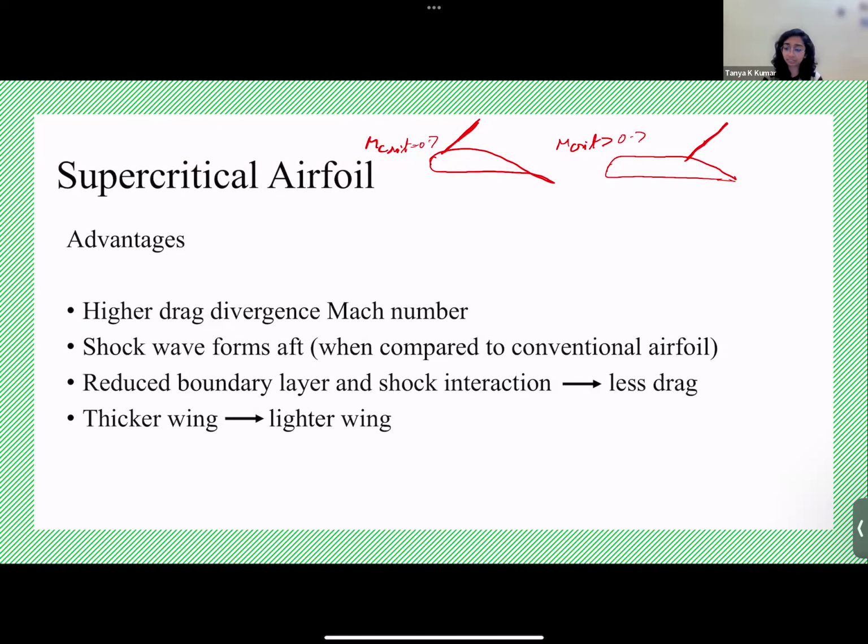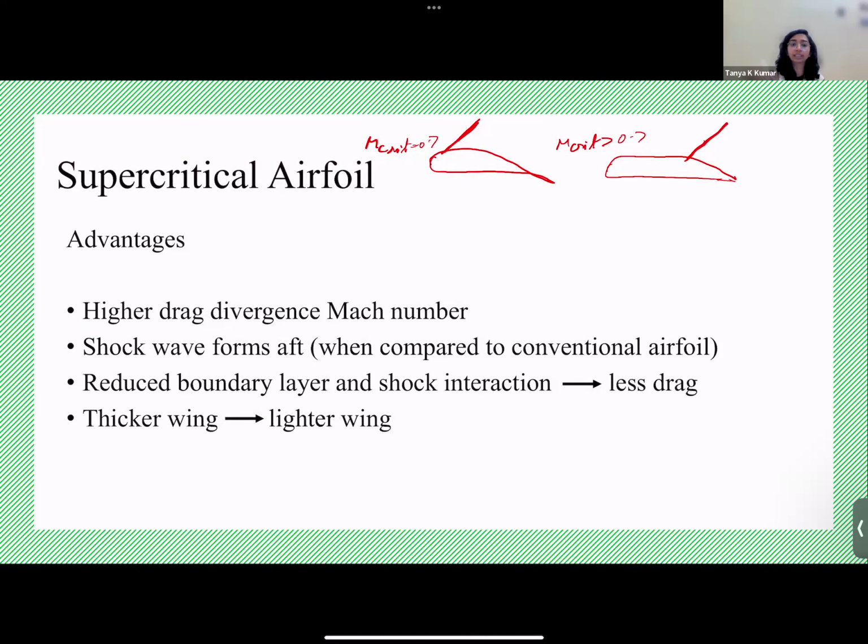What is this drag divergence Mach number? Critical Mach number, we said, is the Mach number at which some point on the airfoil experiences Mach 1. What is drag divergence Mach number? It is the Mach number at which the drag increases exponentially due to wave drag.